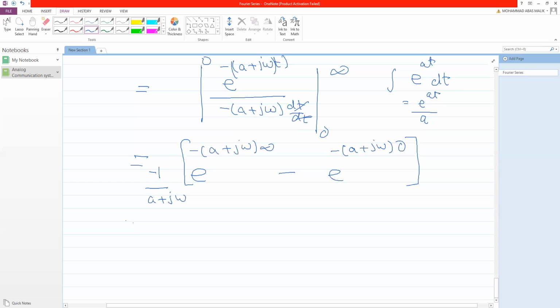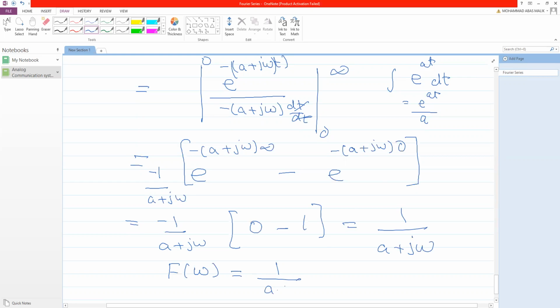Now tell me the value. You have minus 1 by (a plus j omega), e raised to the power minus infinity is 0, minus e raised to the power 0 is 1. Ultimately minus and minus is plus, so the Fourier transform of this signal will be equal to 1 divided by (a plus j omega). So this is the answer of this question.